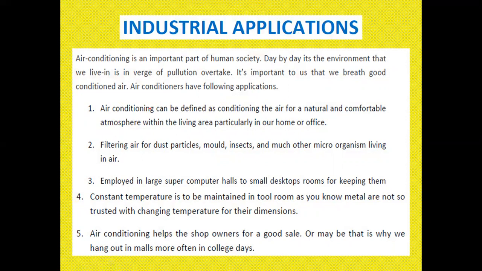Now we see where these air conditioning systems are used commercially in society, right? Later we see the vapor compression cycle variations and their analysis, and also a few problems related to the topic, right? Yes, now we see the industrial applications.